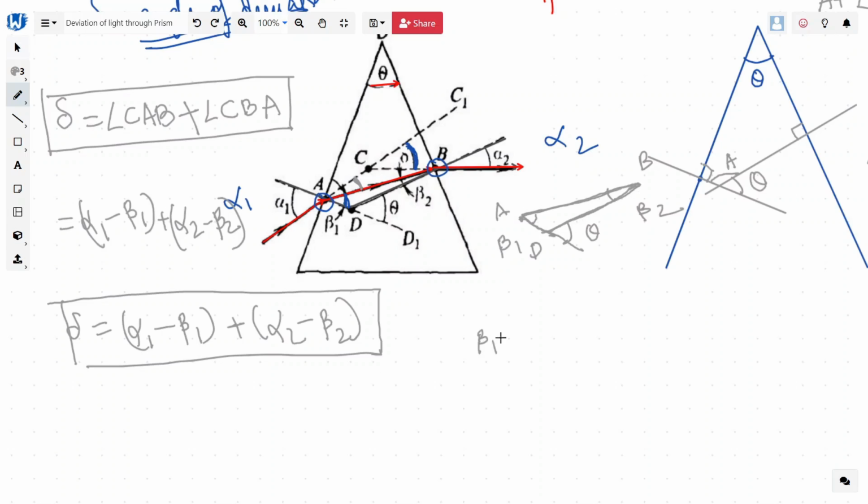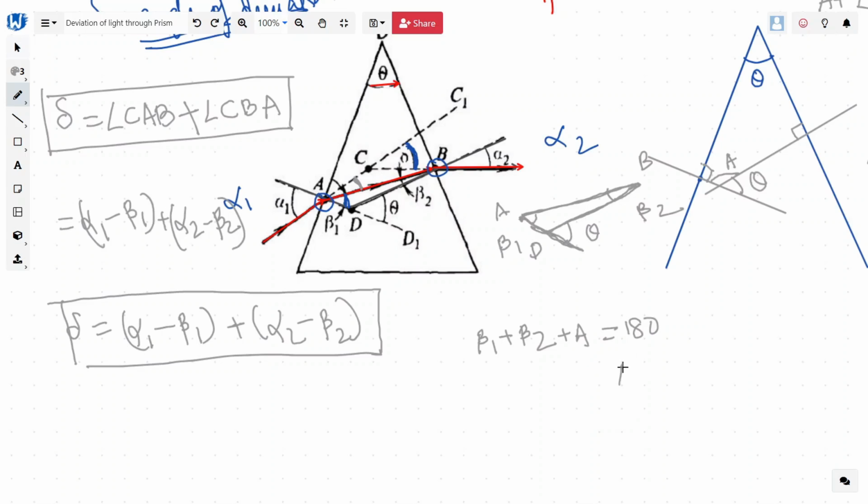So beta 1 plus beta 2 plus this unknown angle A is going to be 180. And we also know that this is a straight line, so theta plus this unknown angle is also going to be 180.